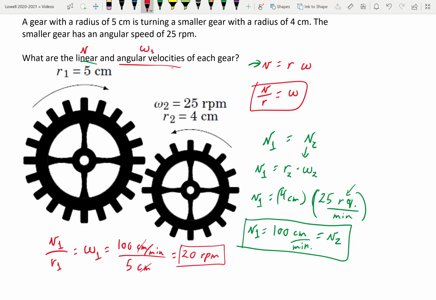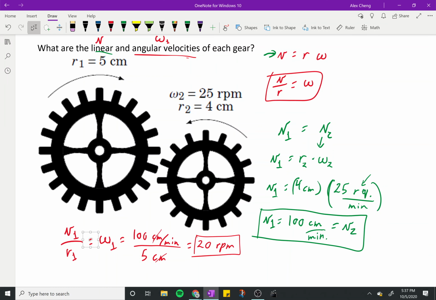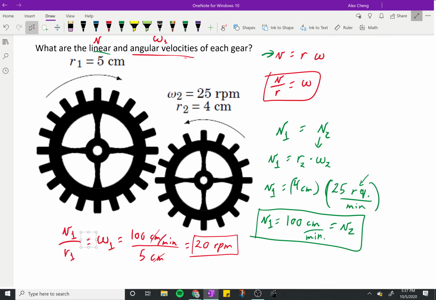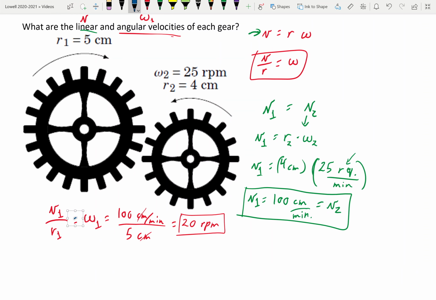So that's how you can use the fact that these two gears have the same linear velocity when they're interlocked and turning each other to find the angular velocity of each gear. By the way, this answer does make sense because they have the same linear velocity.